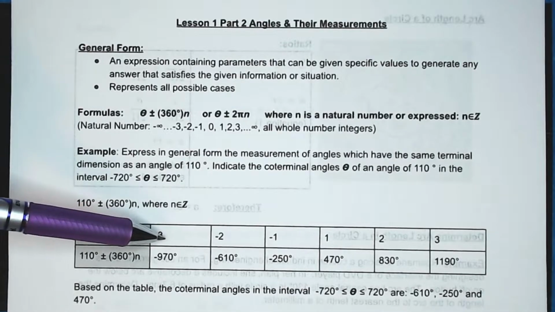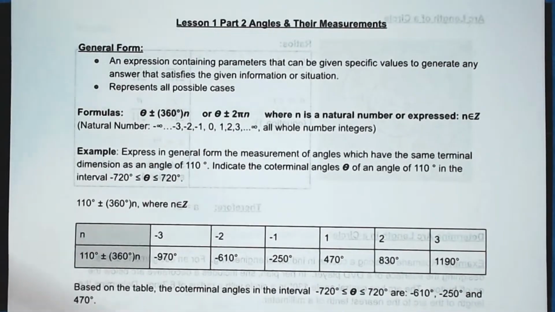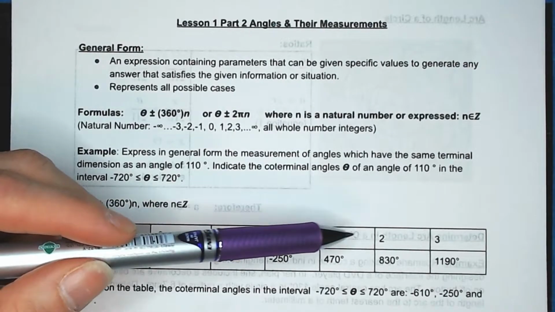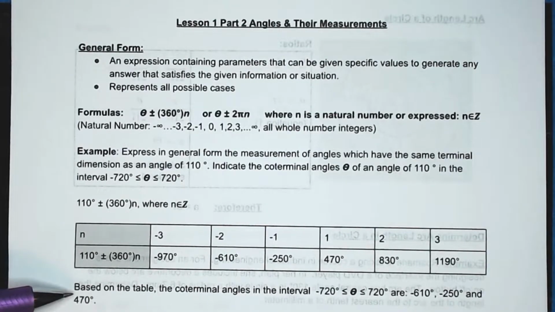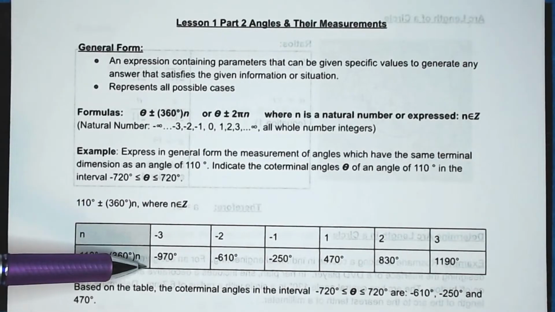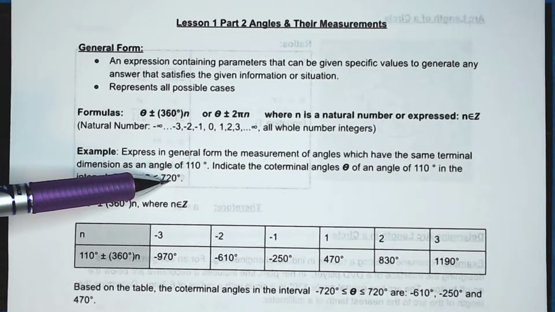So all we do is plug in negative 3, negative 2, negative 1 to show rotations clockwise around the coordinate plane, and 1, 2, and 3 to show counterclockwise ones. Now, based on the table, we have a bunch of values, but not all of them fall under our given interval of negative 720 to positive 720.